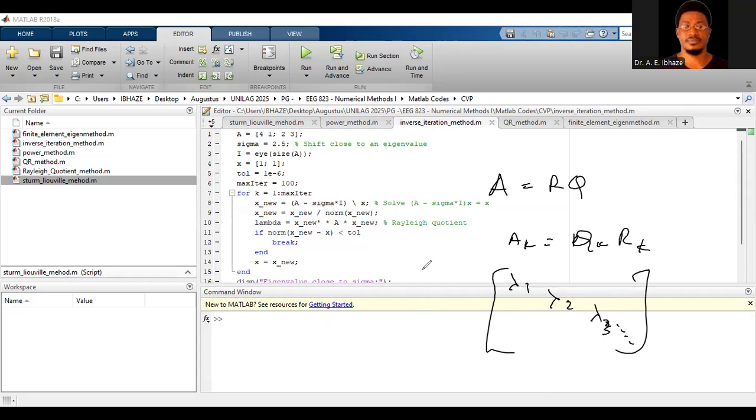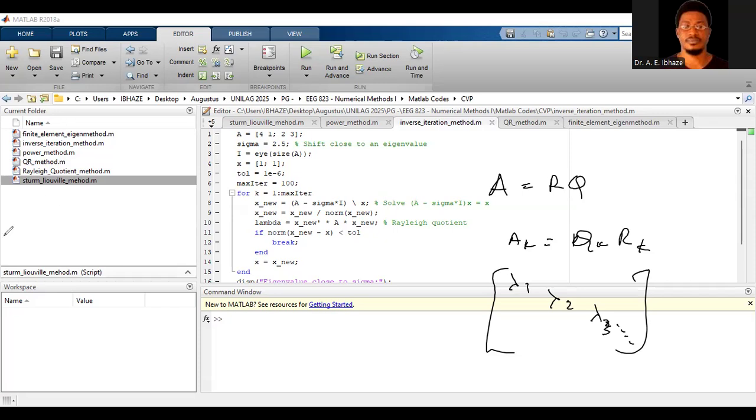So with this method, we are able to compute the entire eigenvalues of the system. So it doesn't just return the dominant eigenvalue in terms of magnitude or the one that is closest to a particular shift, like the inverse iteration or iterative method. But the QR method is used to evaluate the entire eigenvalues.